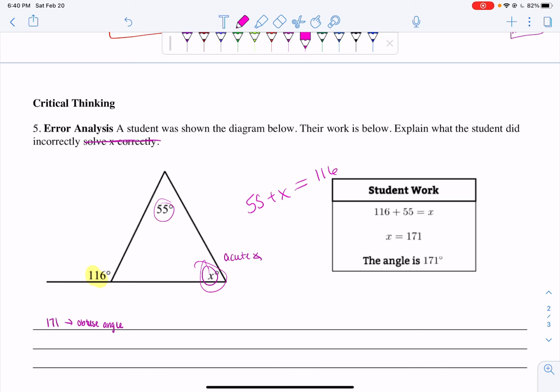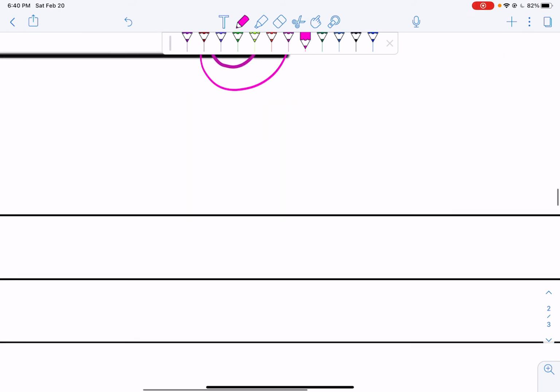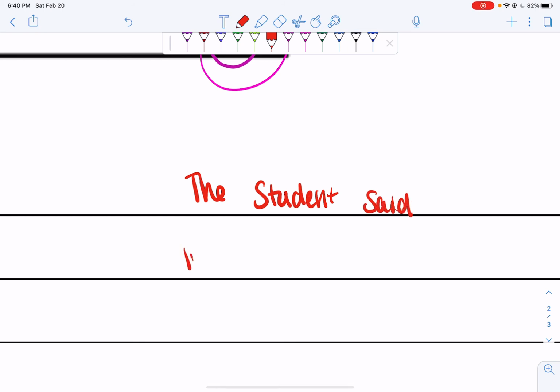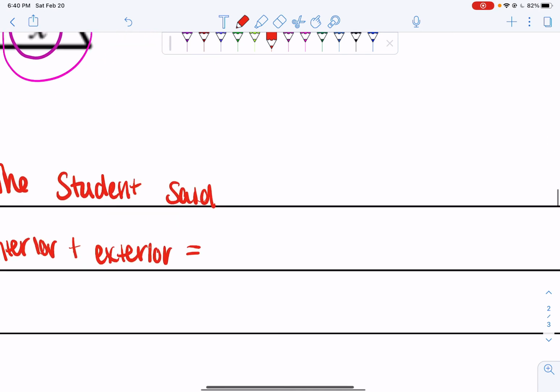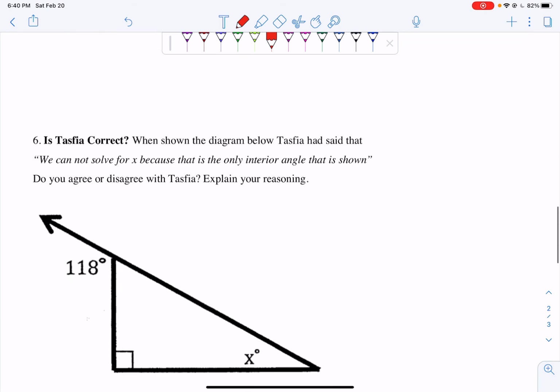So what the student did incorrectly was they did interior plus exterior equals interior. Not true. And we're going to talk about that more in class on Tuesday.